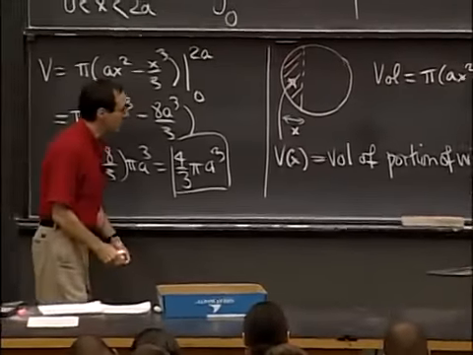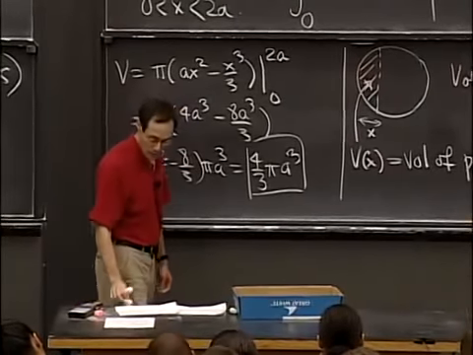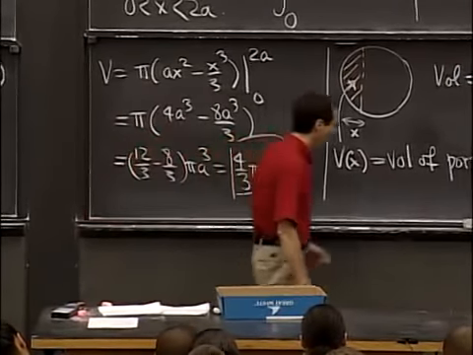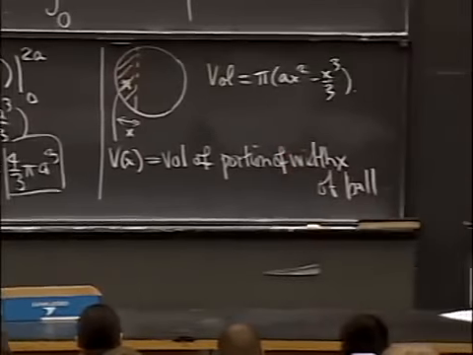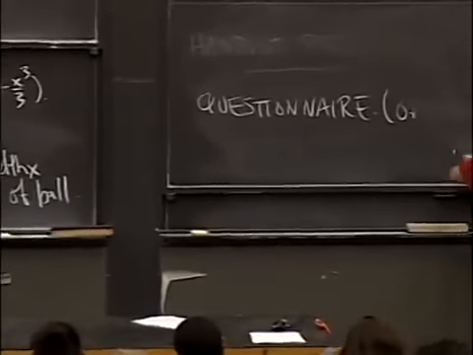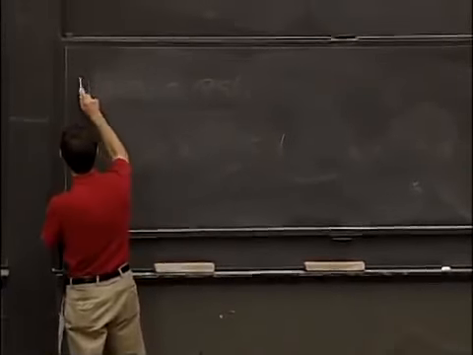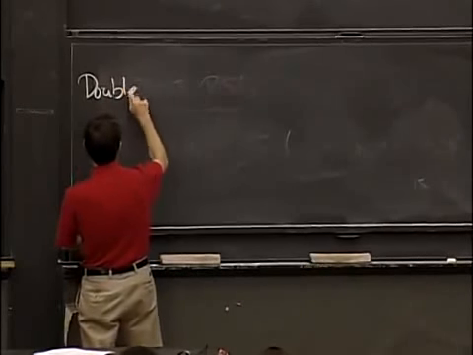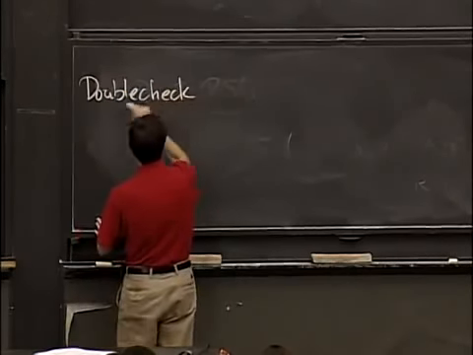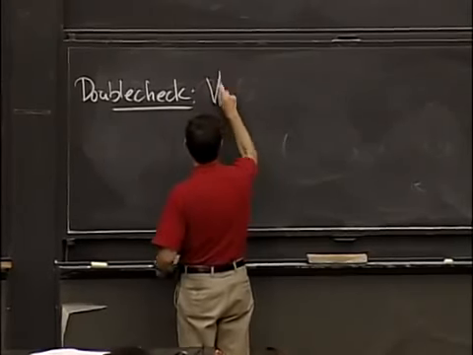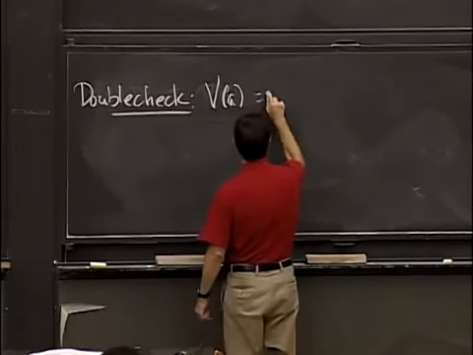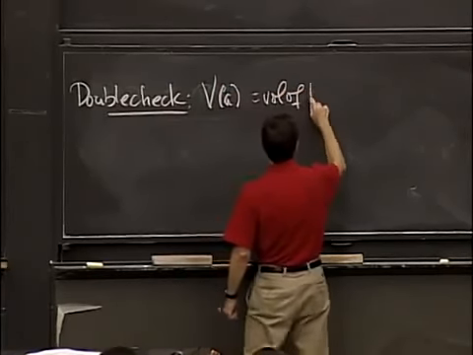For instance, if you plug in x equals a, not surprisingly, and this is a good idea to do because it checks that we've actually got a correct formula here. So if you like, you can call this a double check. If you check v of a, this should be the volume of a half ball.